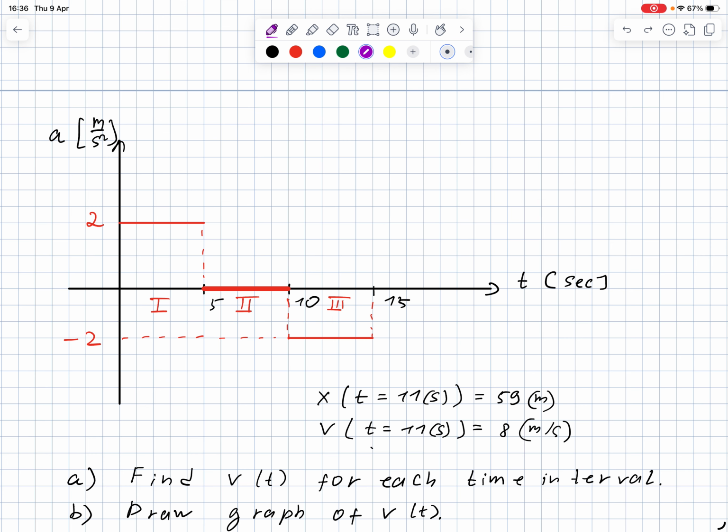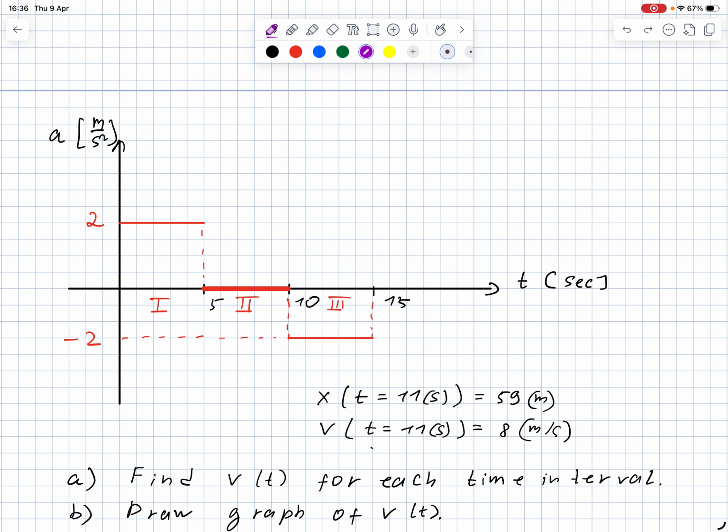And when we look at the second interval between 5 and 10 seconds, we see that acceleration is also constant, but 0. And finally, in the third interval between 10 and 15 seconds, we see that acceleration is also constant. However, the value is minus 2 meters per second squared.